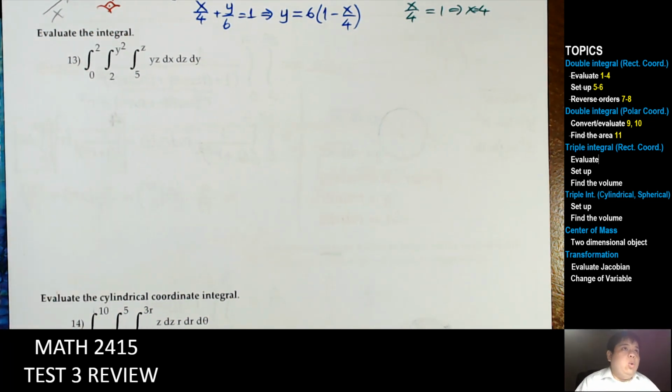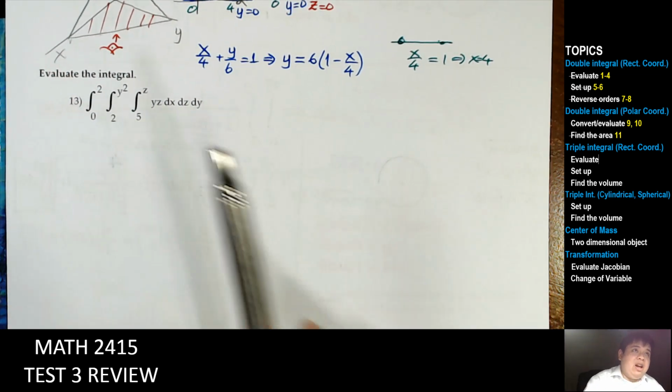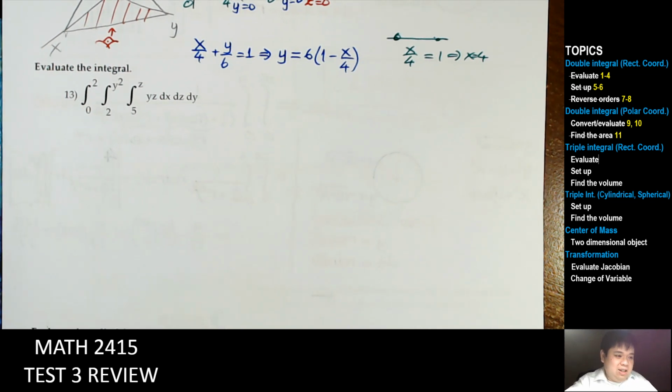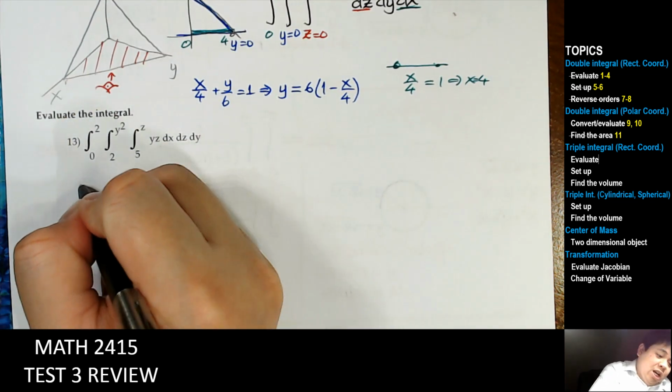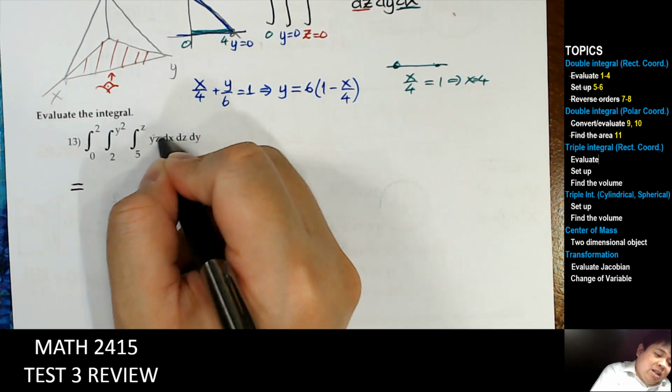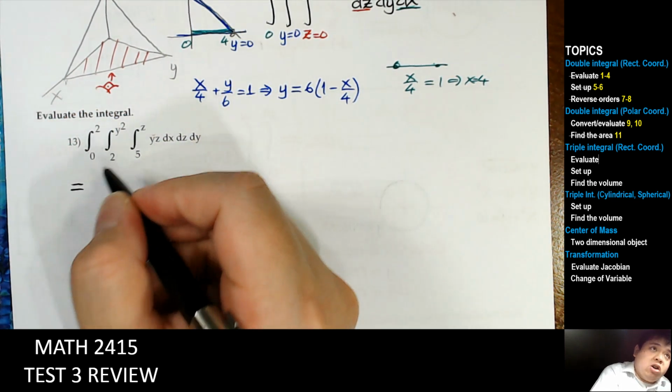Right. Next, we have that. So, a triple integral. Limits are not constant, so Fubini's theorem is out of the window, we cannot use that because the limits are non-constant. So we just do the inside now. Inside is an x, and there's no x in the function.